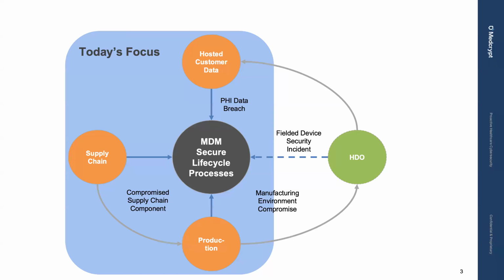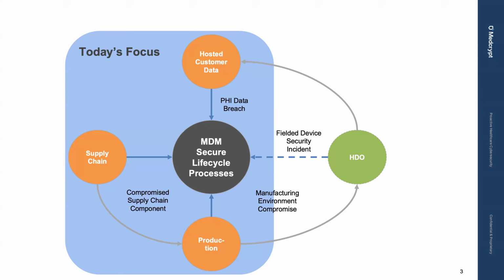As was indicated in the introduction, incident response is a very broad topic. It may be an incident at a fielded device at a customer site, and we're not discussing that today. That's a different flavor and separate topic. But it may also be an incident in your operational environment that may affect your supply chain.